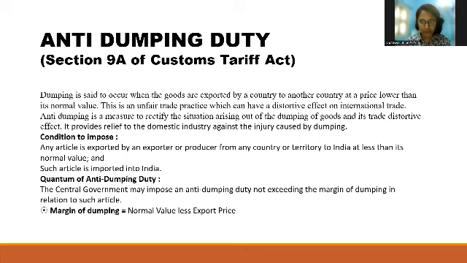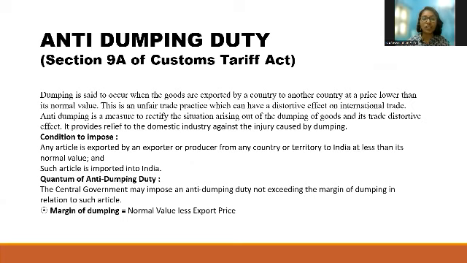Then anti-dumping duty. Anti-dumping duty applies when a product is being imported to India at a very low value. So we saw safeguard duty is when a huge quantity of product is being imported to India. Anti-dumping duty is where the value of that product is very low compared to the normal value.